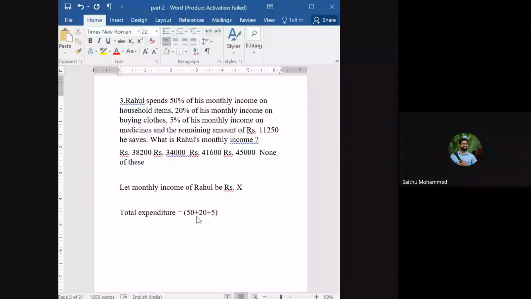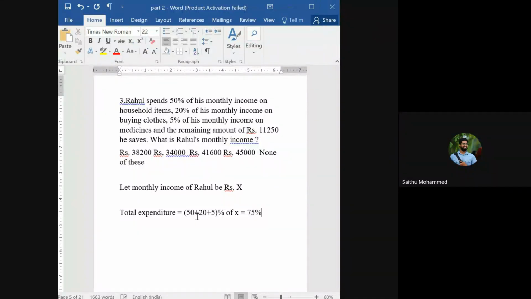If you are talking about percentage, that means there is a 100%, and that 100% is X, the amount of salary, which is rupees X. So 50 plus 20 plus 5% of X equals nothing but 75%.